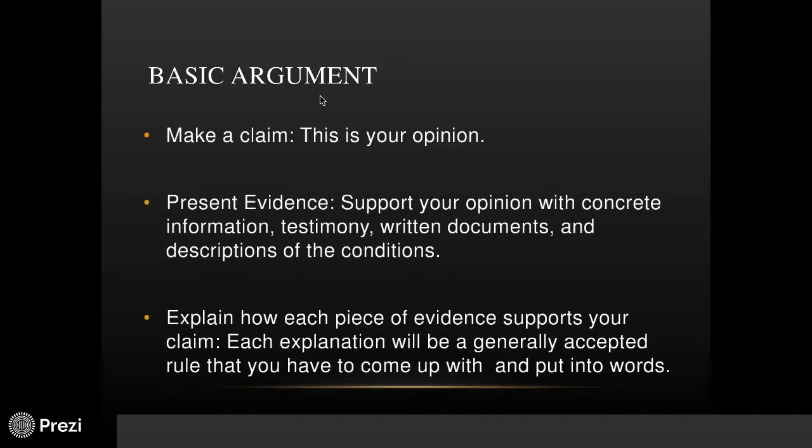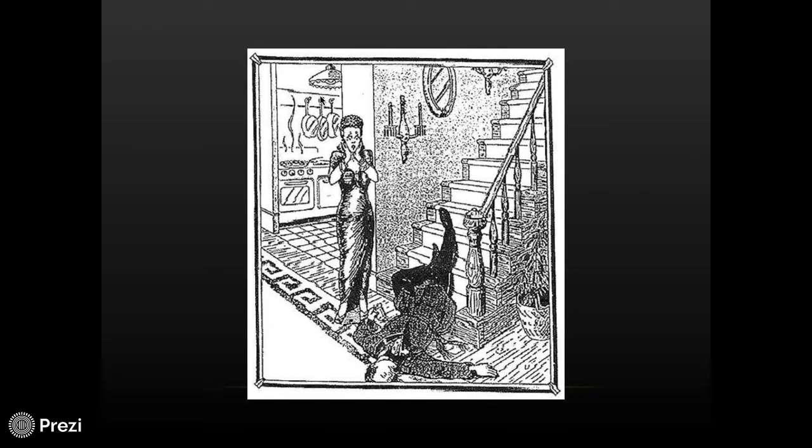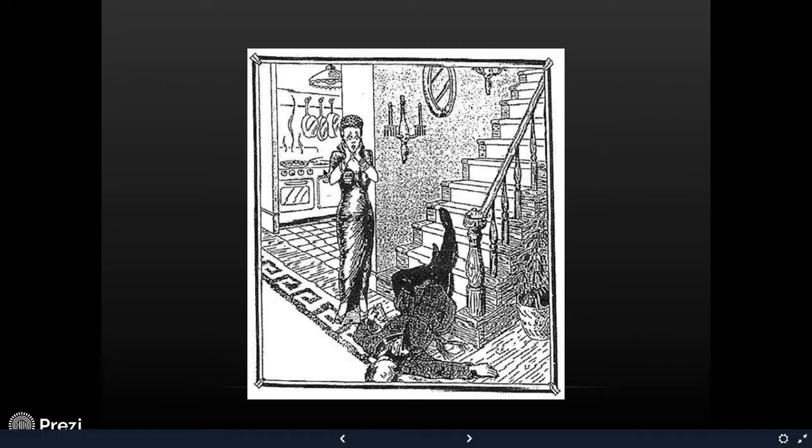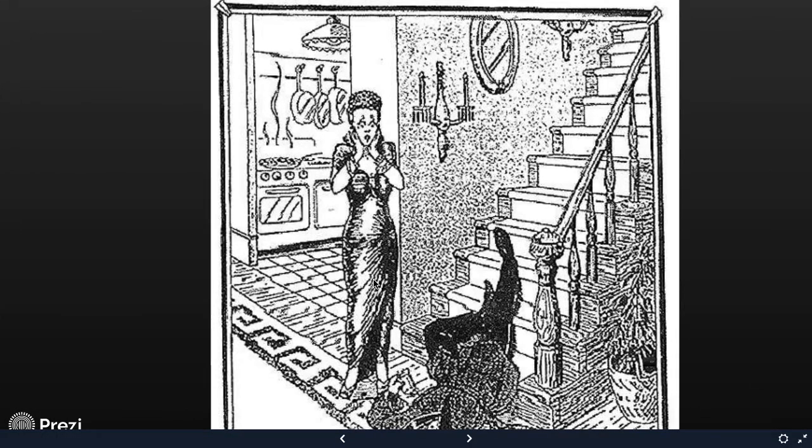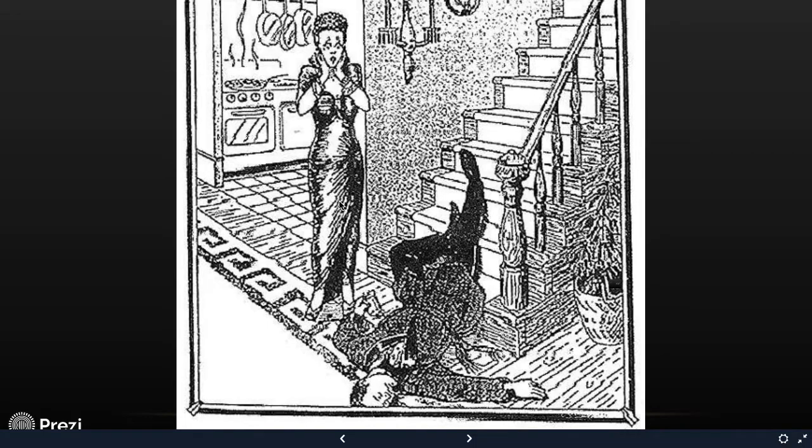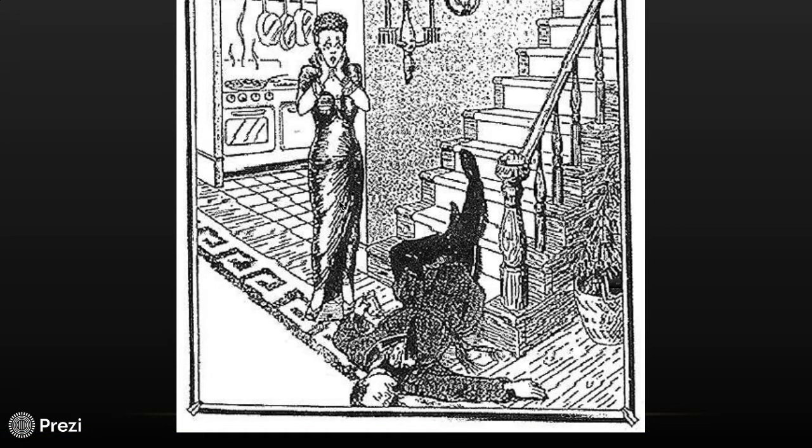So you're going to have your data, you're going to have your warrant, which is going to lead you to your claim, whether it was a slip or a trip or something else. So take a look. I can zoom in on different places, and then I want you to come up with your own conclusion. So I don't want you to say what you think happened yet, but do you want me to move in on anything?